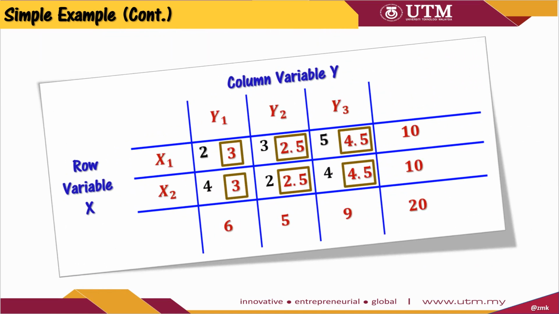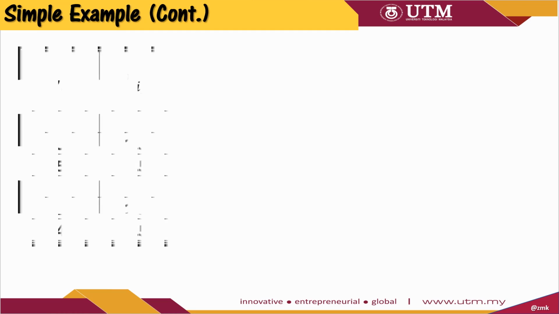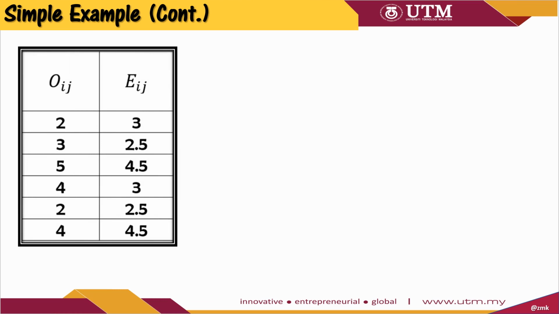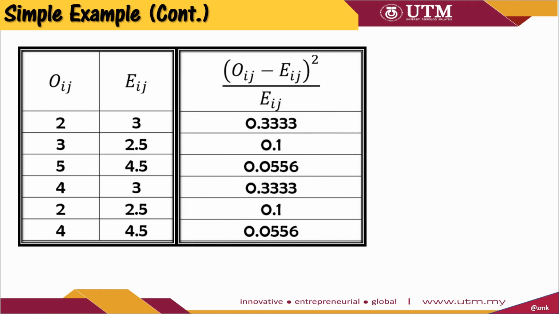The paired values of Oij and the corresponding Eij can then be listed in another table to find the value of the chi-squared test statistic, as shown in the following slide. Listing down all observed values Oij and the corresponding expected values Eij correctly, pair by pair, you can then calculate the squared difference between Oij and Eij divided by the corresponding Eij for all pairs in the last column.